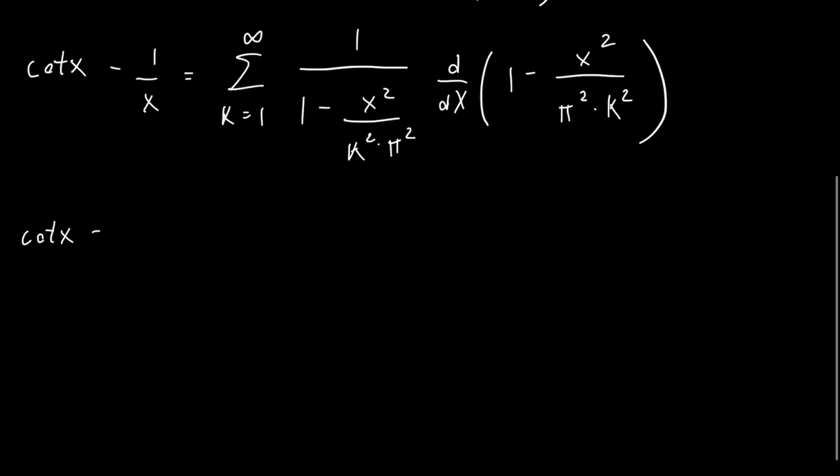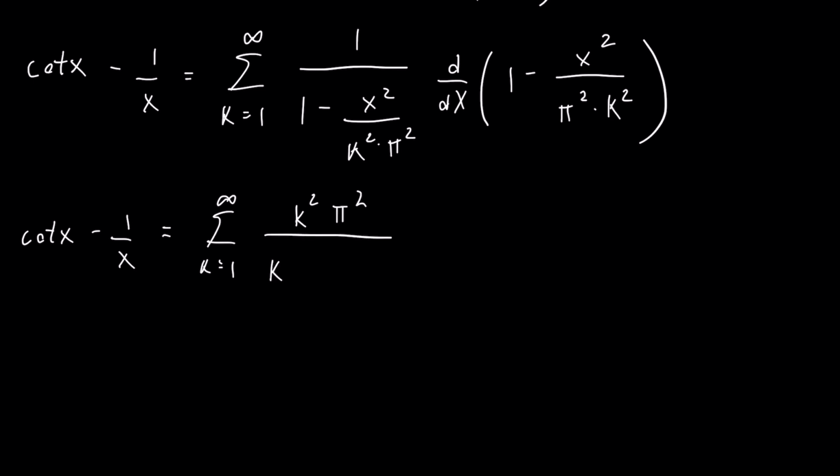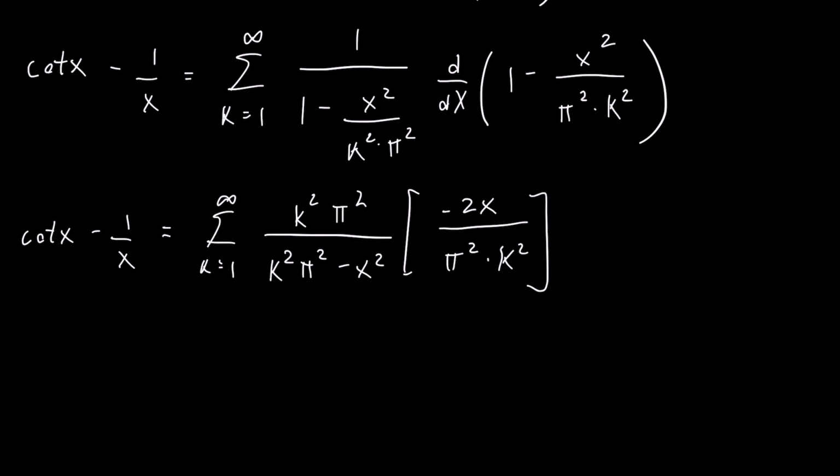So we have a cotangent of x minus 1 over x equals the sum from 1 to infinity. We'll have a k squared pi squared on the top and a k squared pi squared minus x squared in the denominator. And taking this derivative, we have a minus 2x over pi squared times k squared.